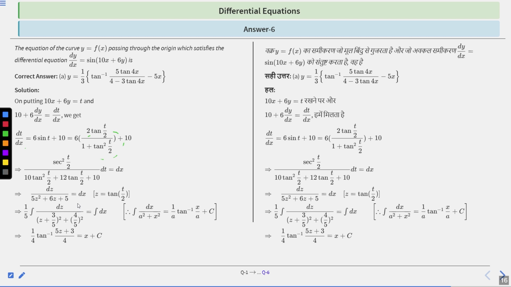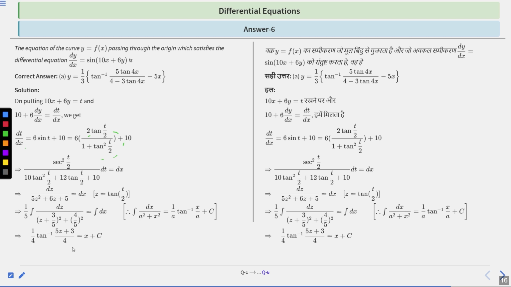Therefore after proper integration and by taking z is equal to tan t by 2, we will get dz upon 5z square plus 6z plus 5 is equal to dx. Now let's take 5 as common and convert this into a quadratic form, you will get 1 by 5 integration of dz upon (z plus 3 by 5) whole square plus (4 by 5) whole square is equal to integration of dx. Now we know that the formula of integration of dx upon a square plus x square is basically 1 by a tan inverse x by a plus c, right?